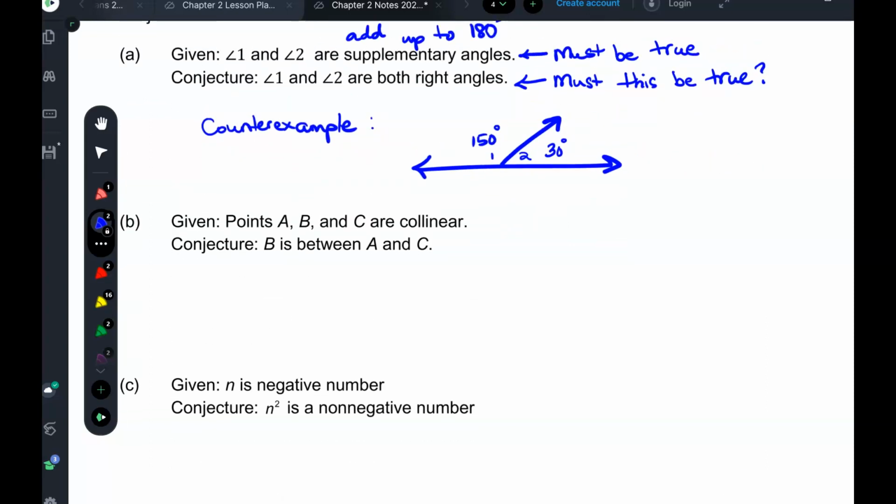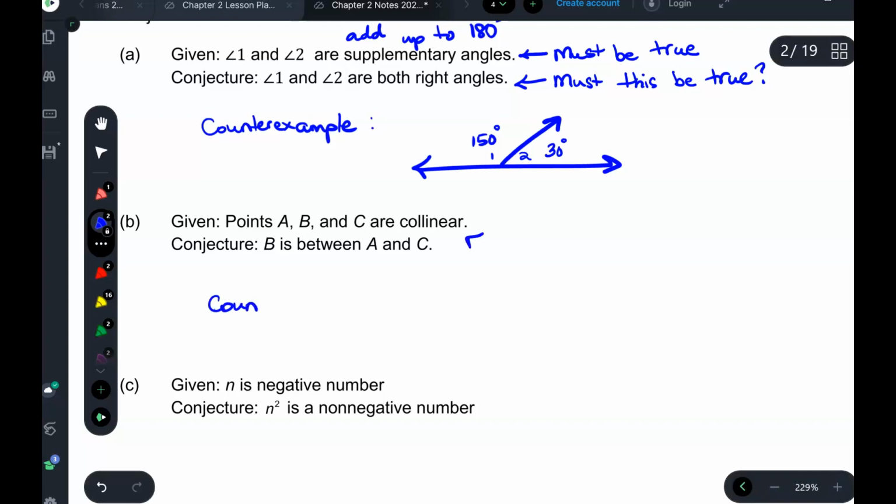Points A, B, and C are collinear. Okay, so that has to be true. The conjecture is, does B have to be between A and C? No, because you could just write C, B, and A. Okay, so my counterexample. So this is false. So let's draw a picture.